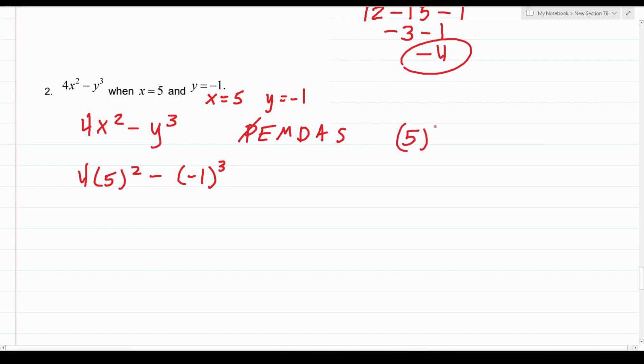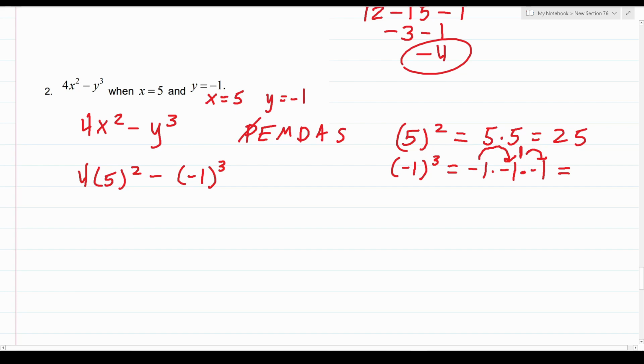We have 5 squared, as well as negative 1 to the third to take care of. 5 squared is the same as 5 times 5, which is 25. Negative 1 to the third is the same as negative 1 times negative 1 times negative 1. Negative 1 times negative 1, negative times a negative is a positive, so this is positive 1.